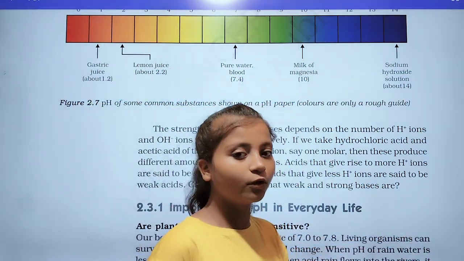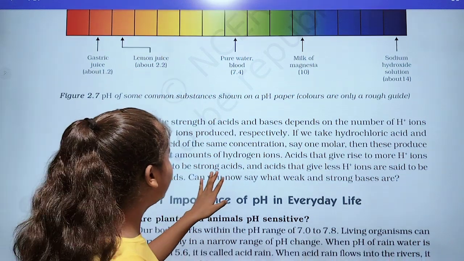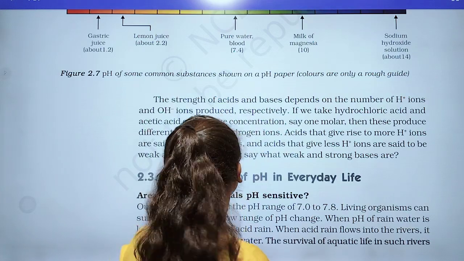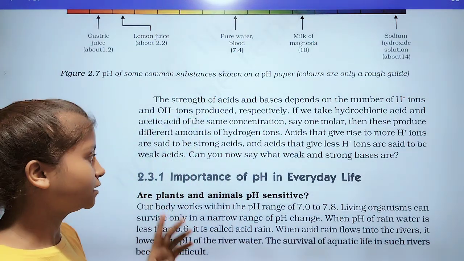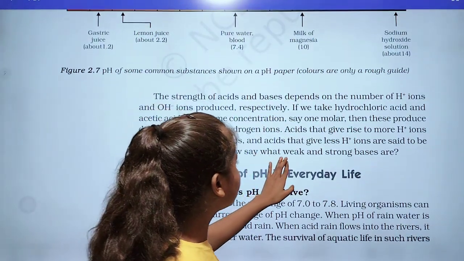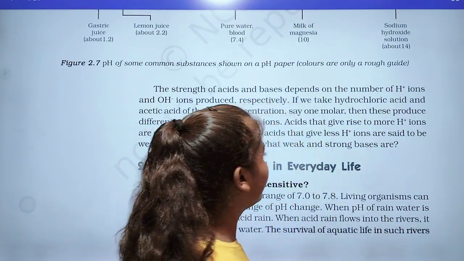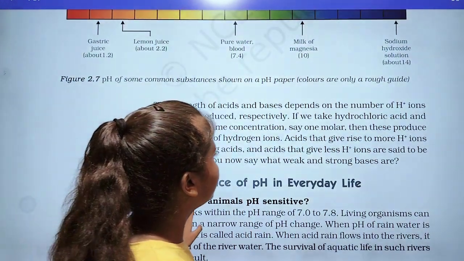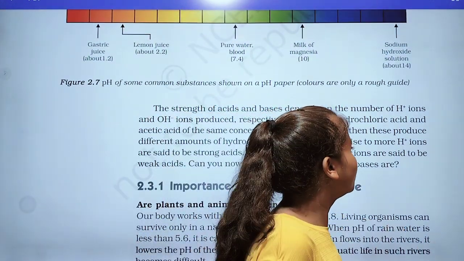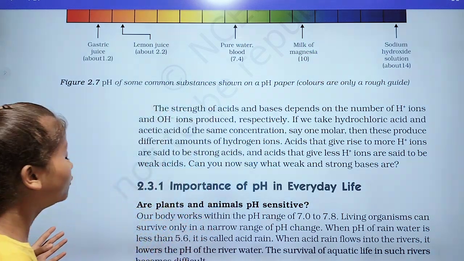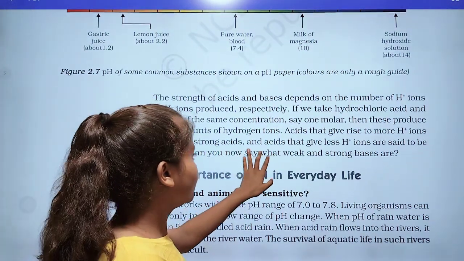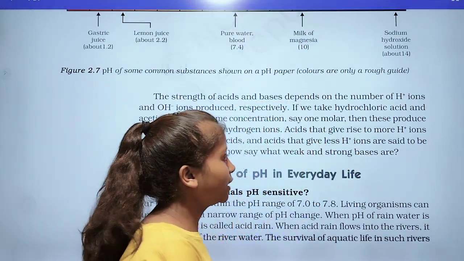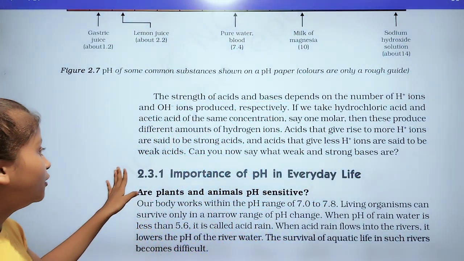Acids that give rise to more H plus ions are said to be strong acids, and acids that give fewer H plus ions are said to be weak acids. Now can you say what weak and strong bases are? Bases that give rise to more OH minus ions are said to be strong bases, and bases that give fewer OH minus ions are said to be weak bases.